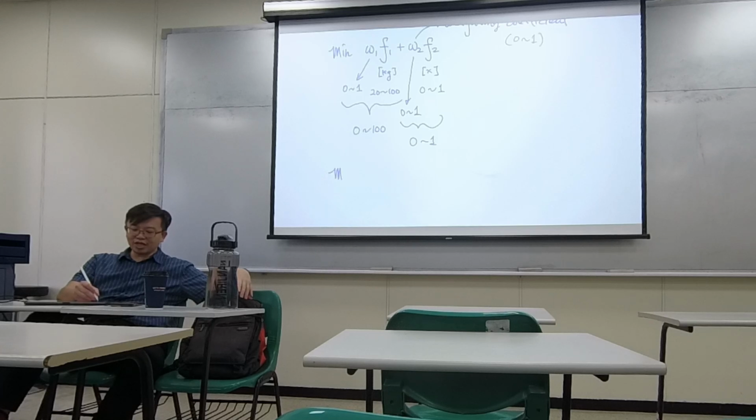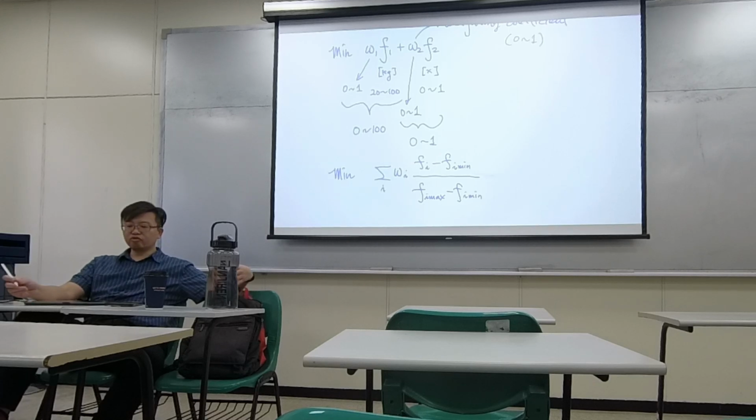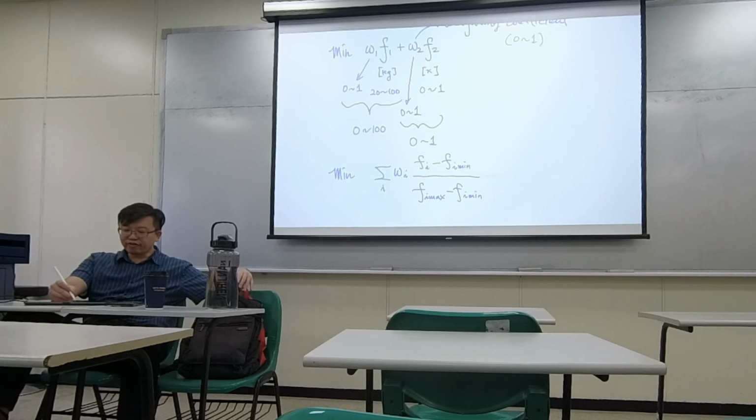So why not formulate this in such a way like this? If you normalize in this way, then every factor ranges from 0 to 1.